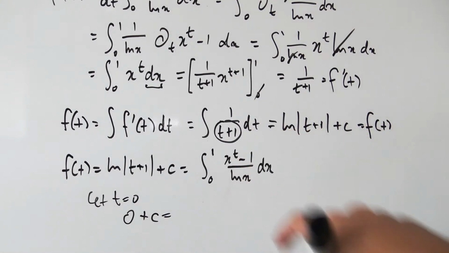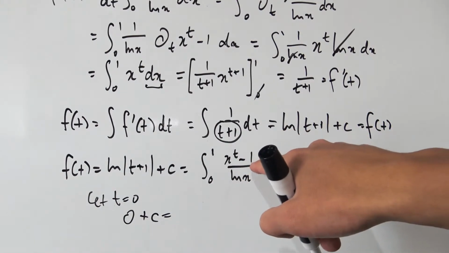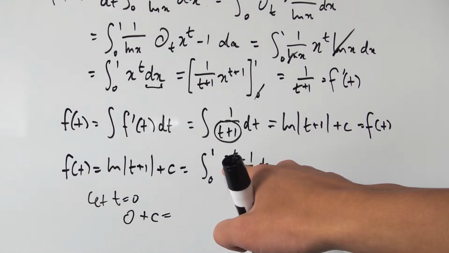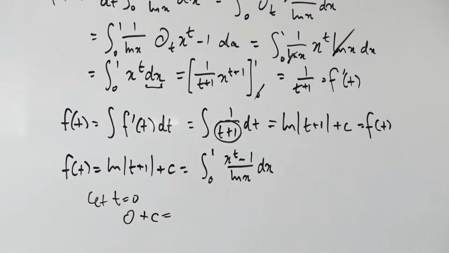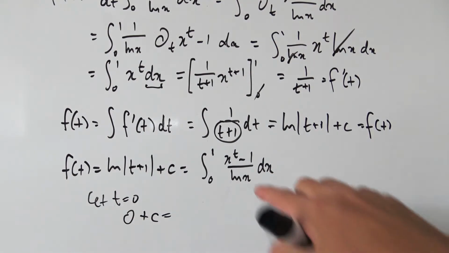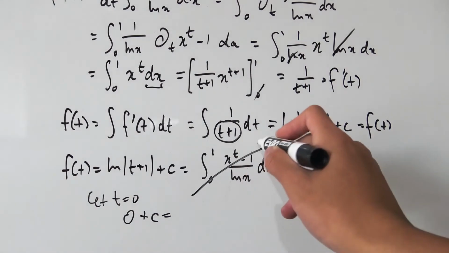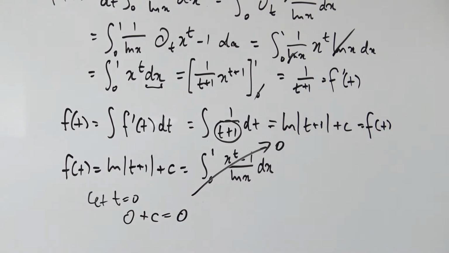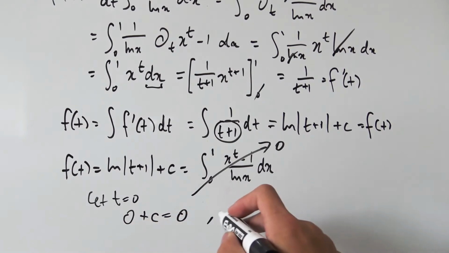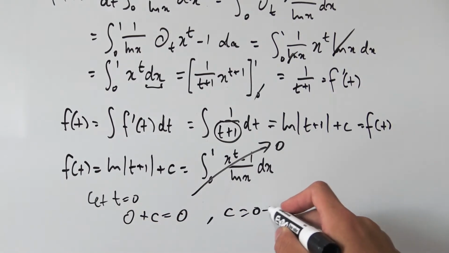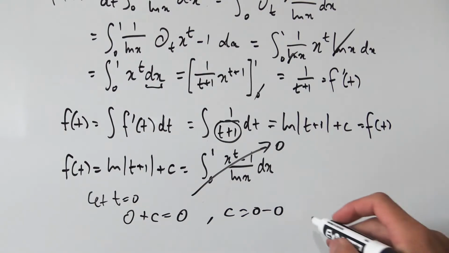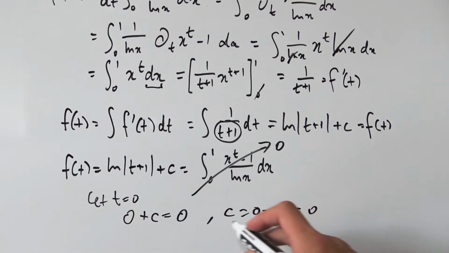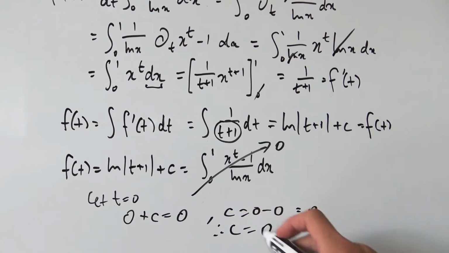Well, x to the 0 is just 1, and notice we have a negative 1 here, so we have overall 1 minus 1, which is 0, and 0 over anything is just still 0. And if we take the integral of this thing here, which is 0, well, we're just going to get 0. So 0 plus c equals 0. Well, if you subtract 0 on both sides, that means c equals 0 minus 0, and 0 minus 0 is 0, so therefore our c equals 0.